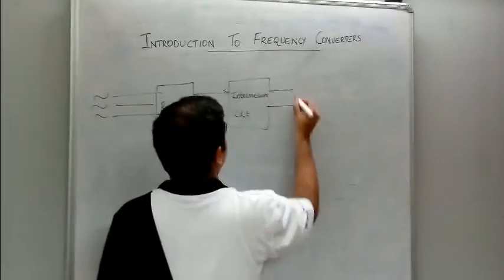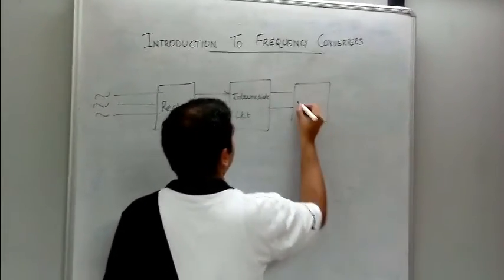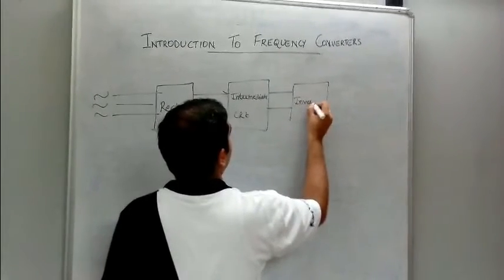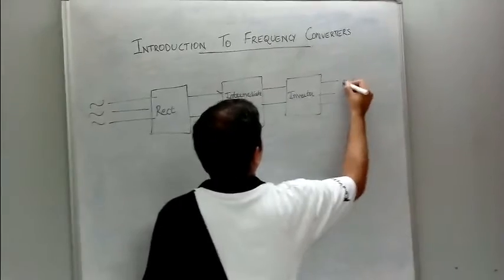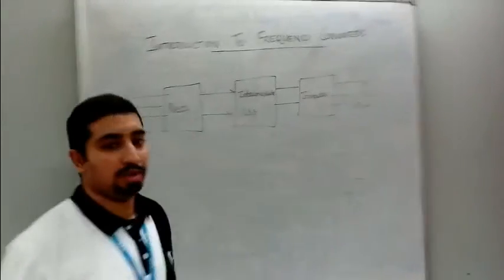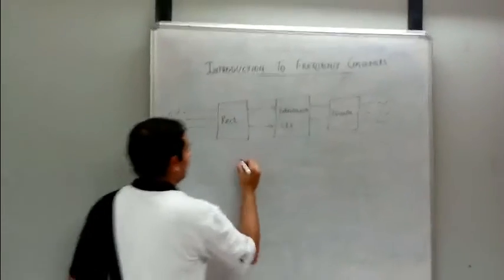And the output of the intermediate circuit is given to an inverter, and the output of the inverter will be AC.